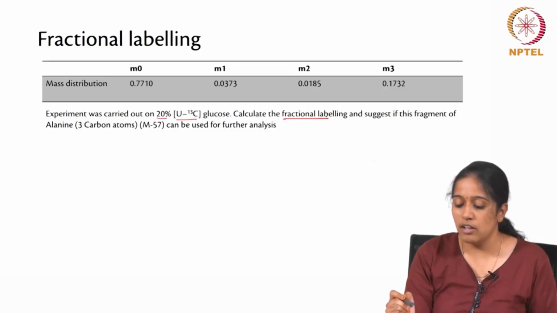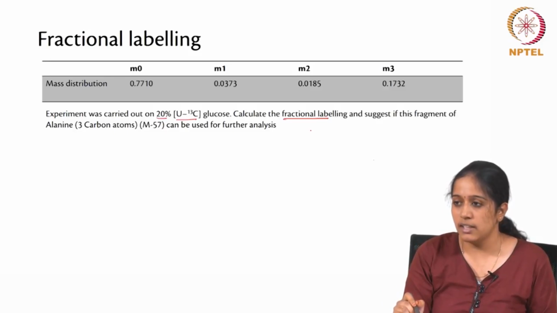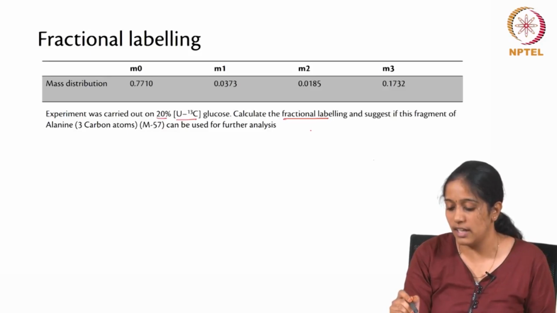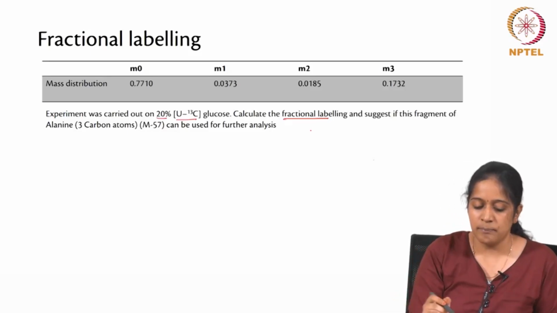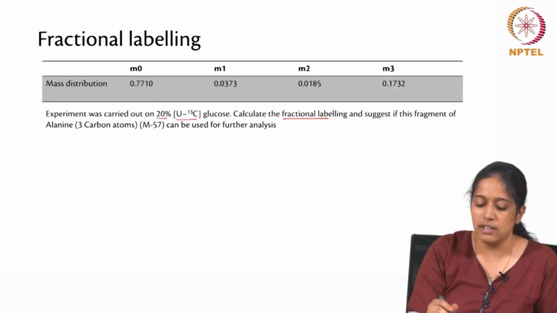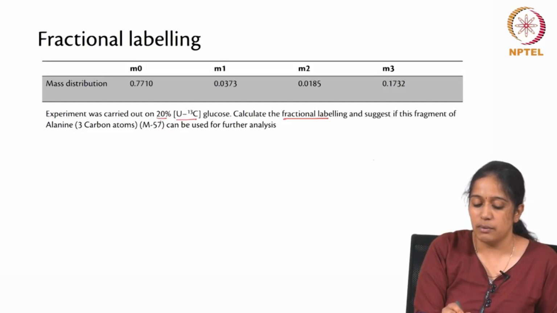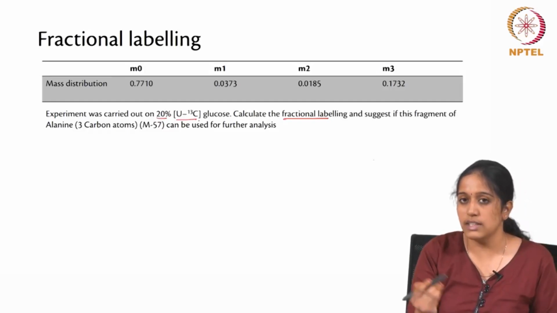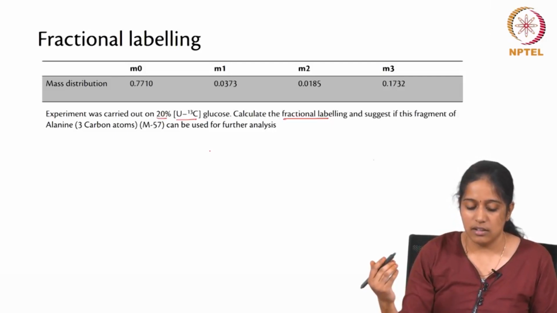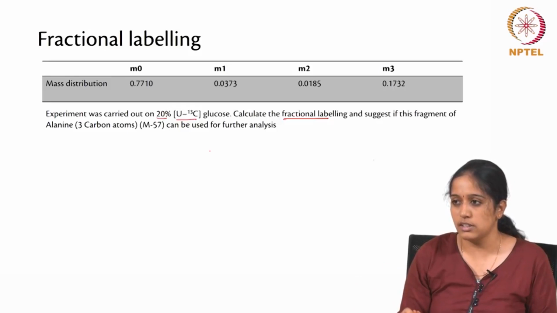If you may recall from the previous lecture, fractional labeling is one of the means by which you can check the quality of your data. By that I mean, if you get a fractional labeling from this fragment as 0.2, and you have used 20% U-C13 glucose as your substrate, then you could go ahead with confidence to use this fragment for your further analysis.